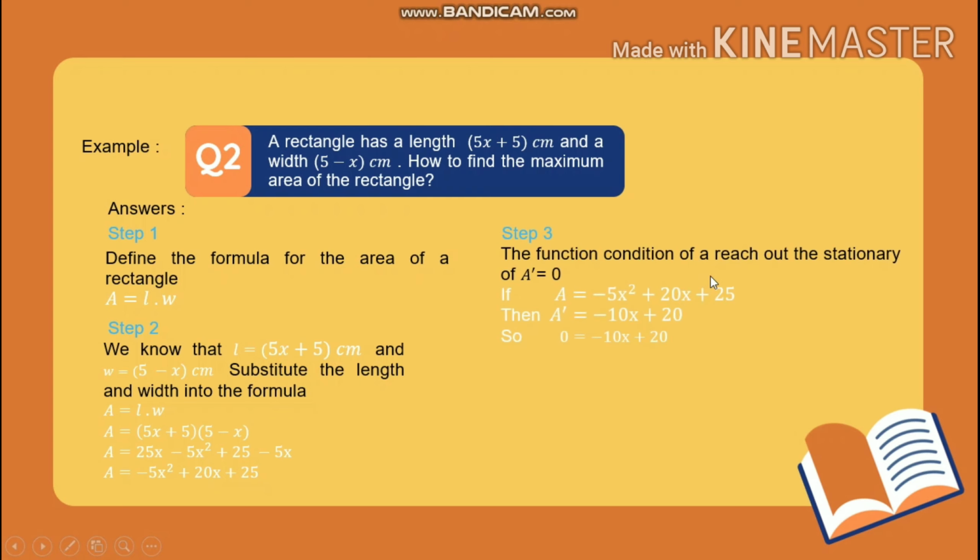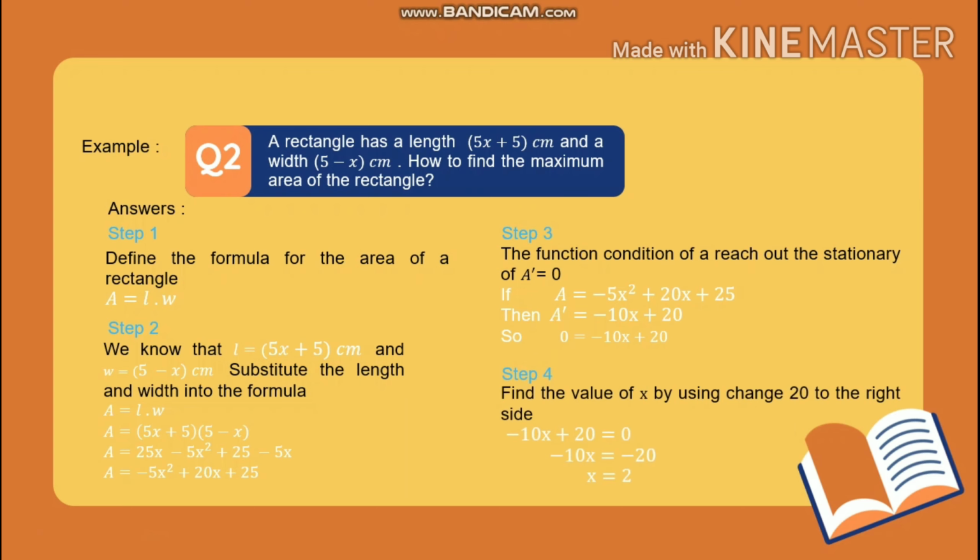The function condition of a reach out the stationary of the derivative of a equal to 0. If a equal to minus 5x squared plus 20x plus 25, then the derivative of a equal to minus 10x plus 20. So 0 equal to minus 10x plus 20.